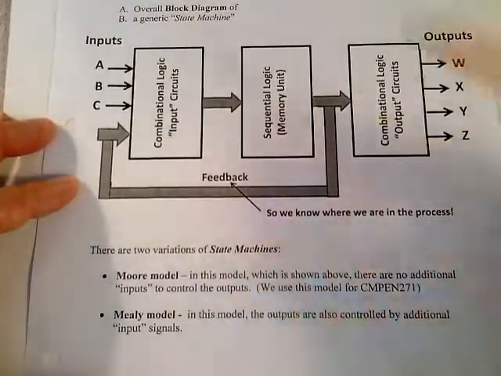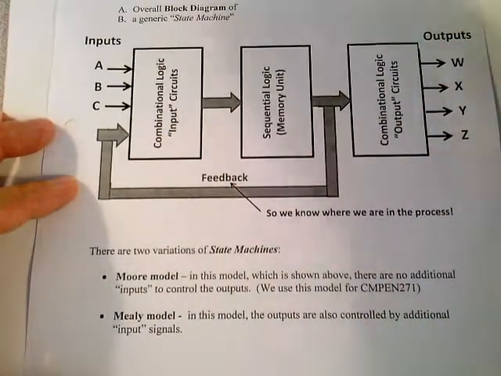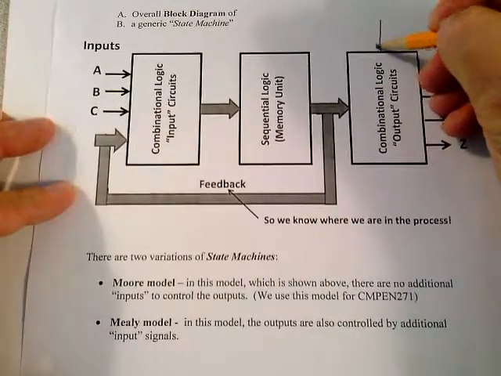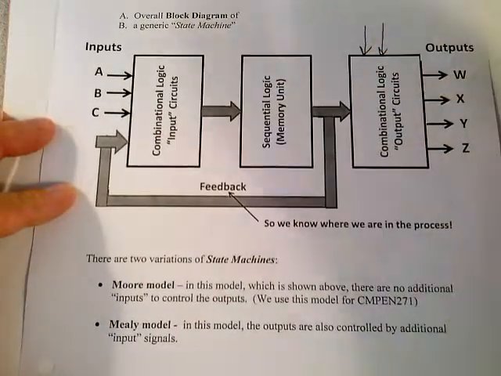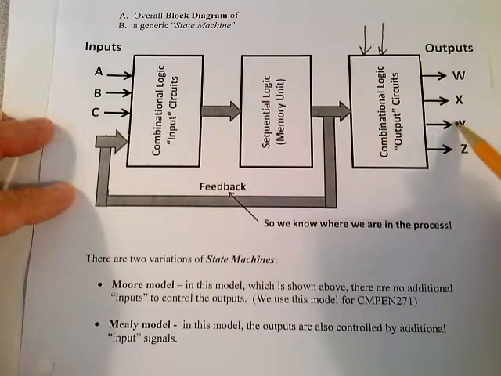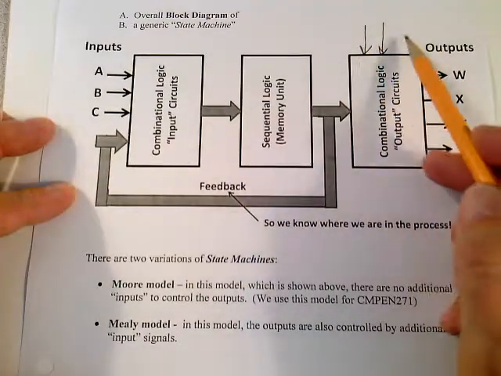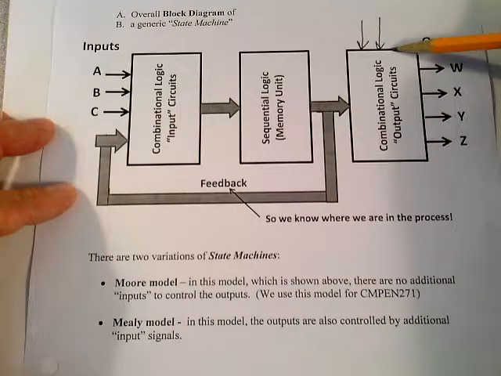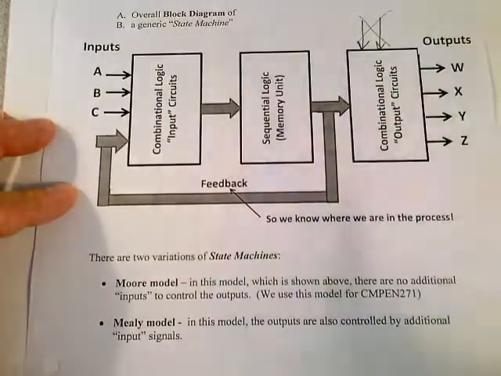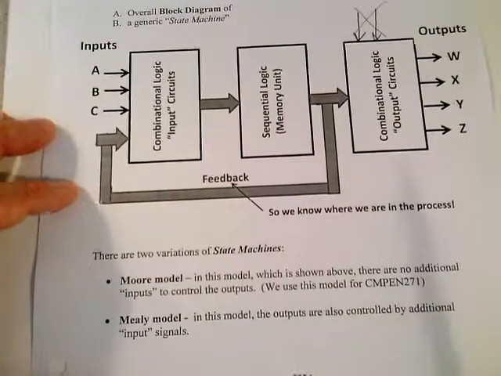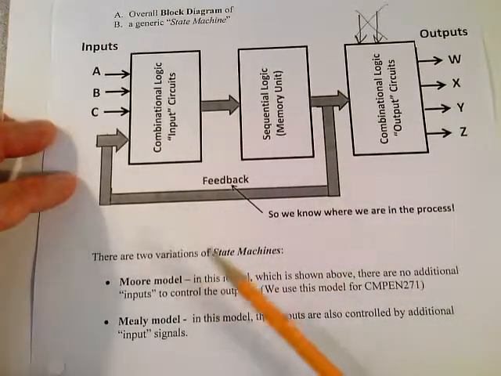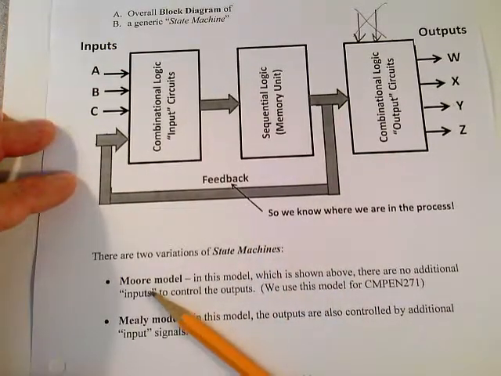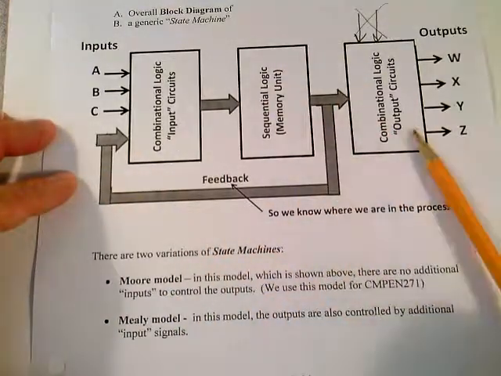But if you're looking at the Mealy model, there are other inputs right here that will control these output circuits. But we're not going to have any additional inputs that tie into the output combinational logic. We're not going to have these. Therefore, for the next 5 examples, we're doing state machines using the Moore model, which is shown right here.